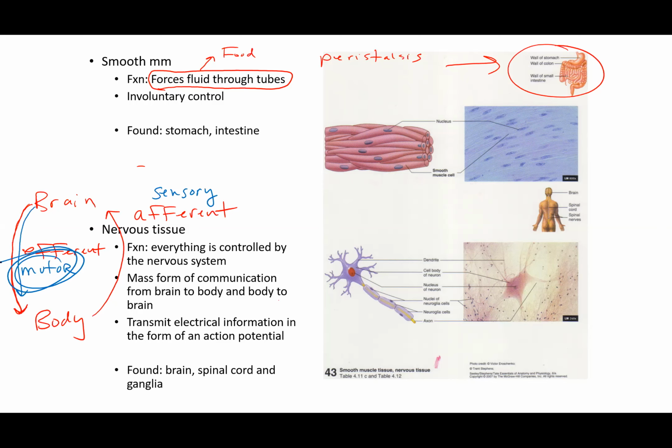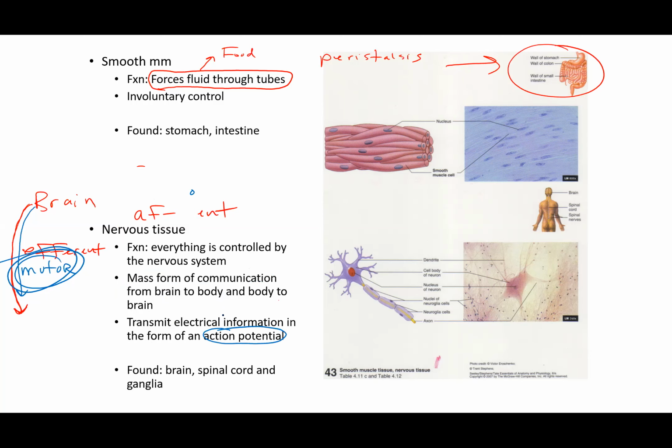So that's a very simple way of saying that's how we have mass communication from body to brain and brain to body, okay? And all of this is done through electrical transmission, in the form of what's called an action potential. We'll talk about action potential down the road when we get to muscles, and then later when we get to the nervous system.